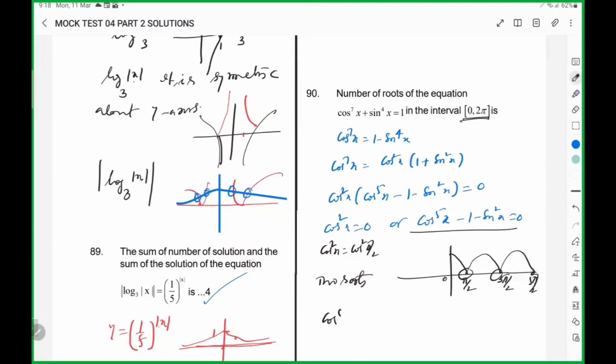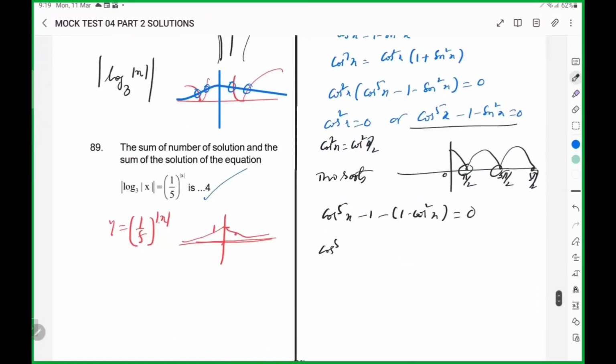Other one, sin square x is this. So cos power 5x plus cos square x is, it is possible because its maximum is 1, here also maximum 1. Cos equal to 1 will be the solution for this, which implies 0 to 5.